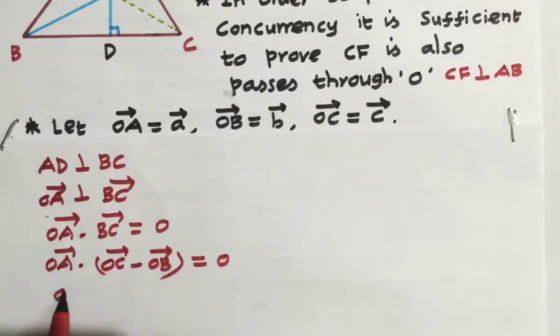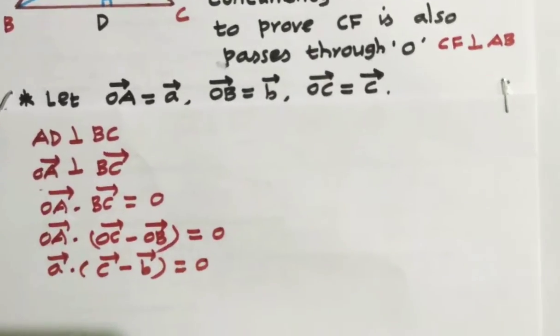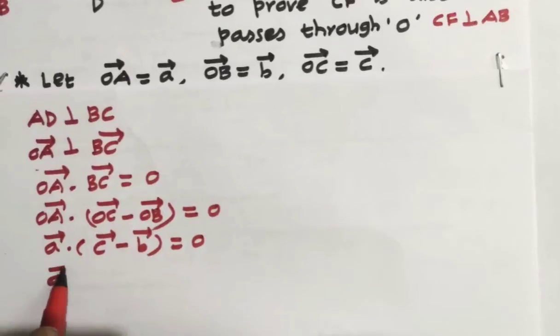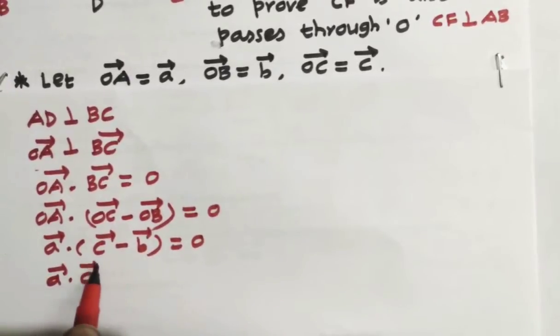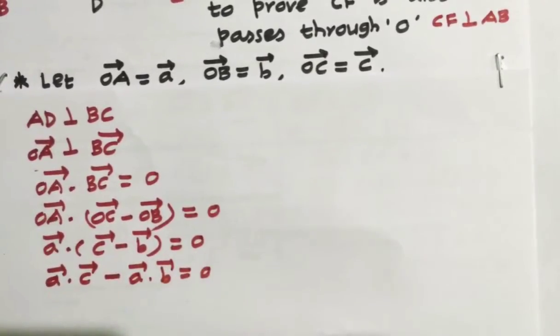Now vector OA is vector A, vector OC is vector C, vector OB is vector B, so A dot C minus A dot B is equal to 0.